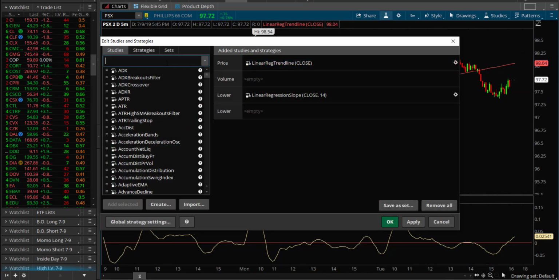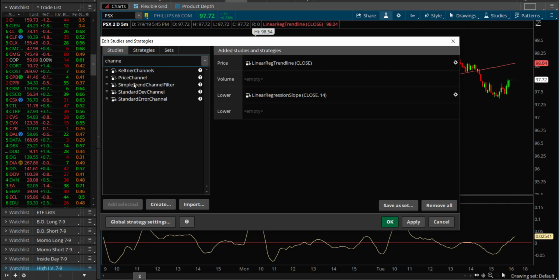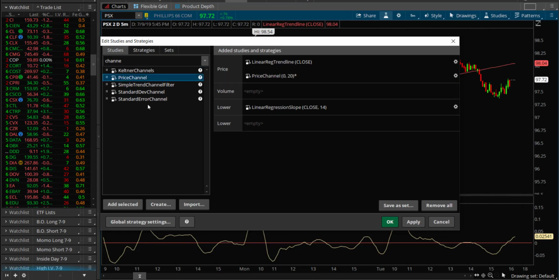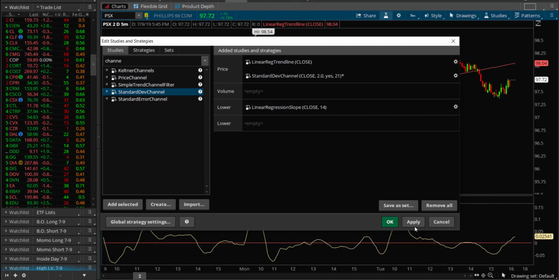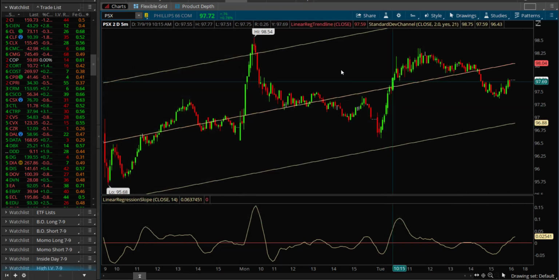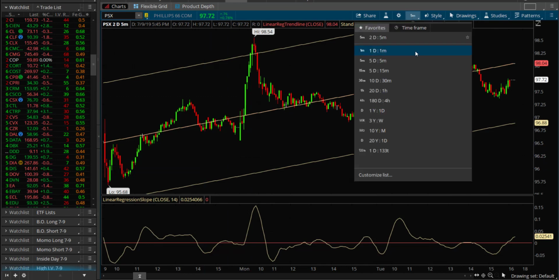There are many different indicators that are affected by how much time is showing on the chart, like the price channel or the standard deviation channel. This does not know anything other than how much time back it's calculating. So the time frame matters, but the time showing matters also.